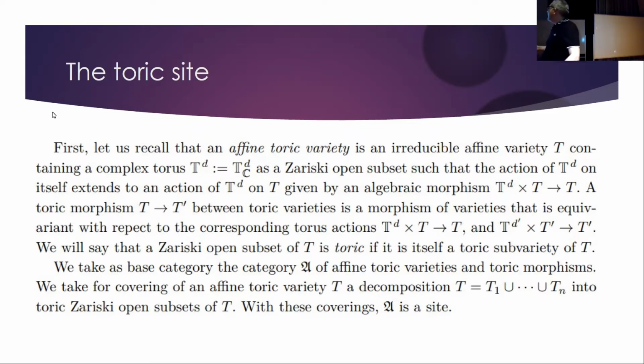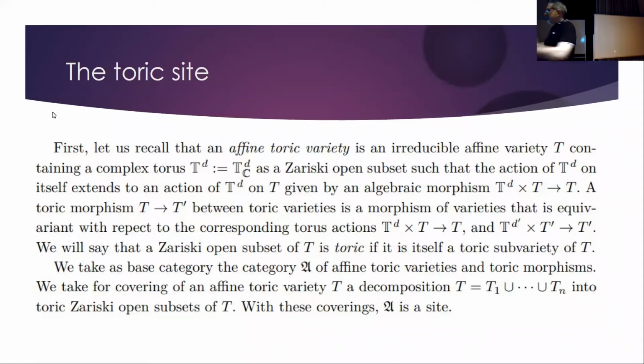So I'll consider the toric site. The toric site of affine toric varieties is what you expect it to be. We say that a Zariski open set is toric if it is toric.